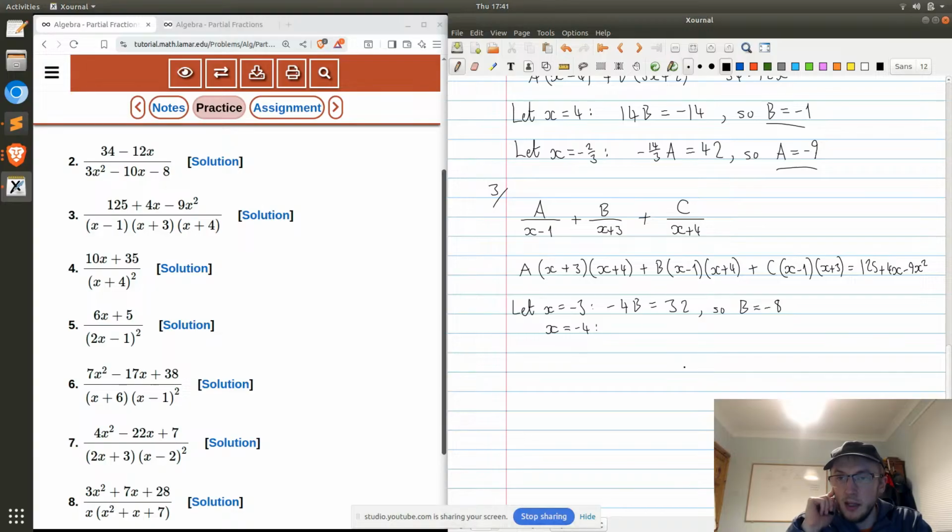So 5c is equal to, let's see, 125 take 16 take 36. So that's 125 take 52.